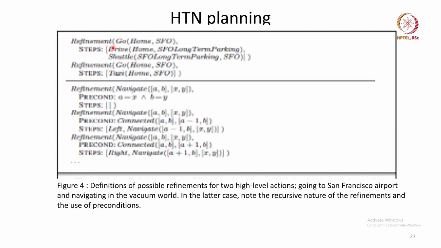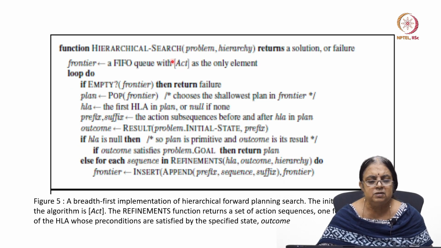So you have something like this, the refinement. Here we have the refinement go home from SFO. The refinement for that is these steps: drive home from the parking, take the shuttle, etc. Refinement go home from SFO, taxi home from SFO, etc. Then you break down whatever action you have by using what are called the refinements. So this is the hierarchical search.